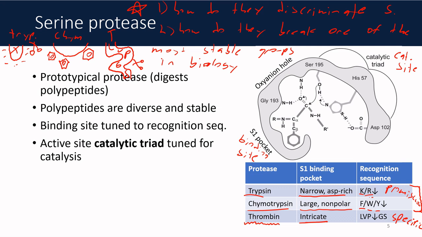Not many proteins in the bloodstream happen to have this specific sequence, but the propeptide segment within prothrombin does have it. And that's how thrombin knows to cut there and only there to initiate the clotting cascade.